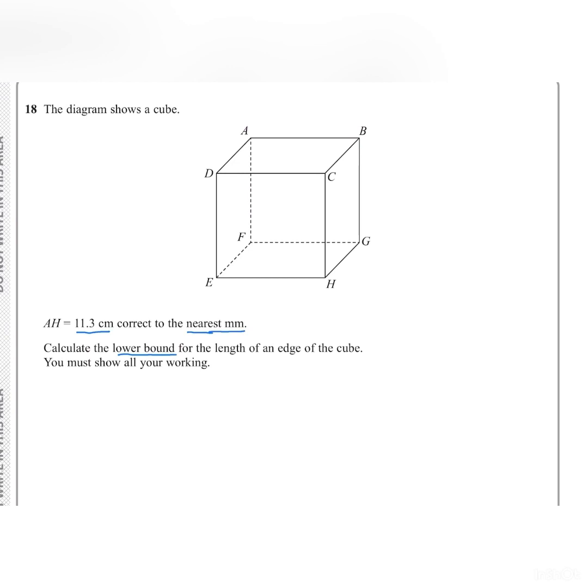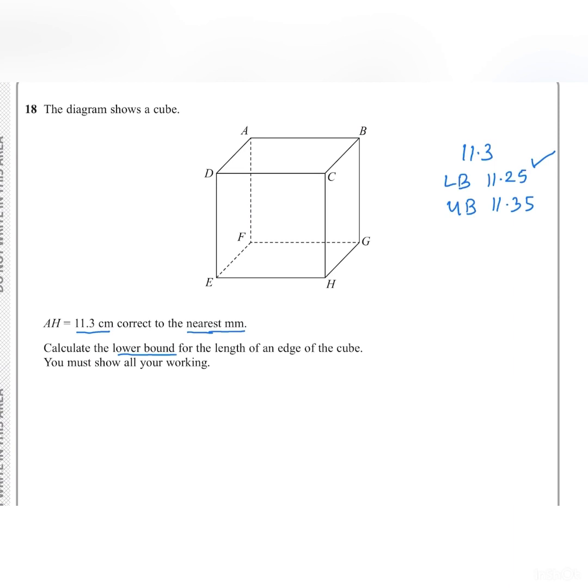Now, starting with 11.3 to the nearest millimeter, the lower bound of this length would be 11.25 and the upper bound would be 11.35. So we will be using the lower bound in this question because we calculate the lower bound of the length of an edge of the cube.